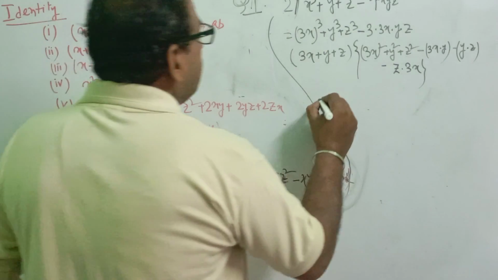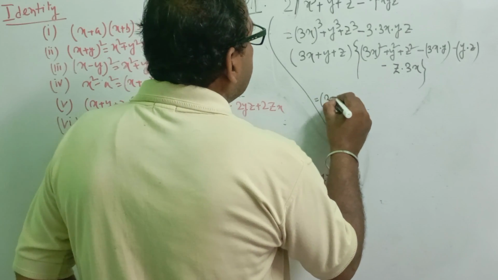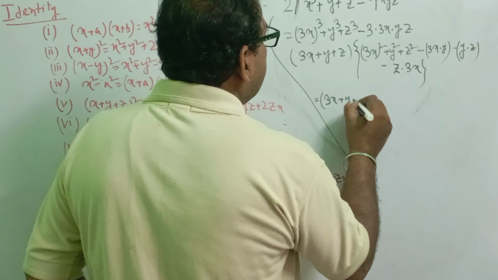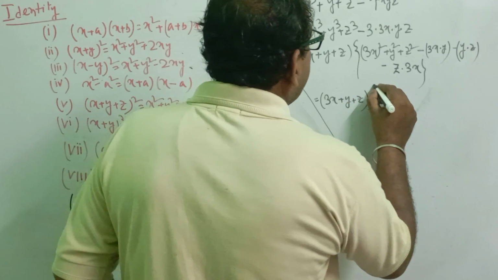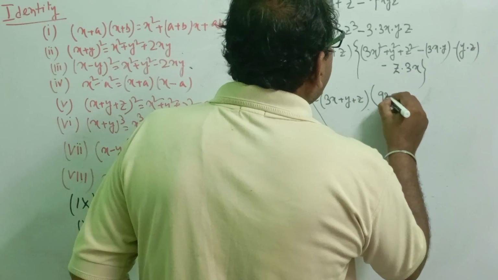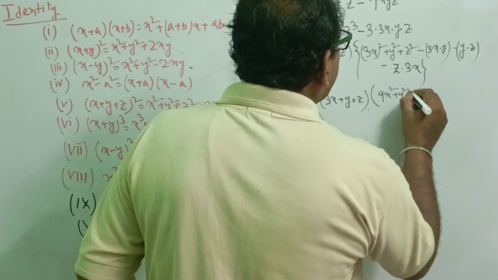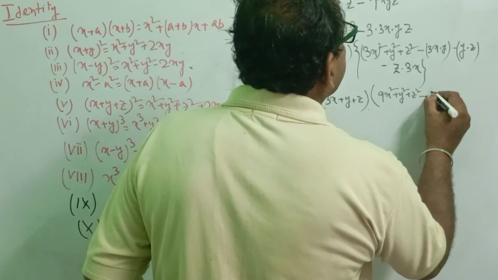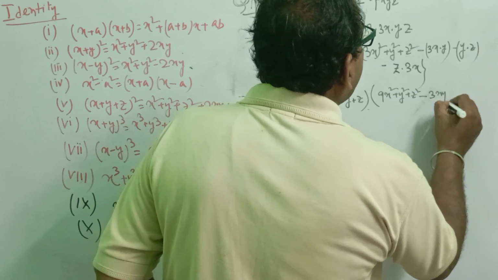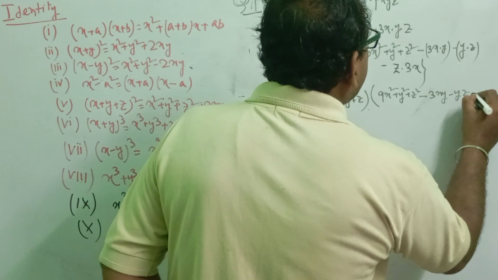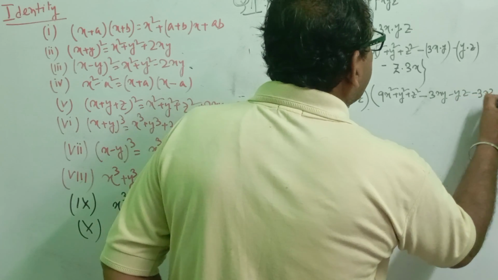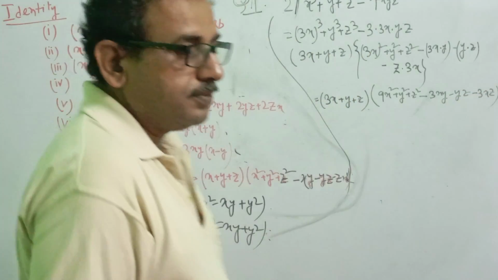So what ultimately comes? 9x square plus y square plus z square minus 3xy minus yz minus 3xz. Is it clear?